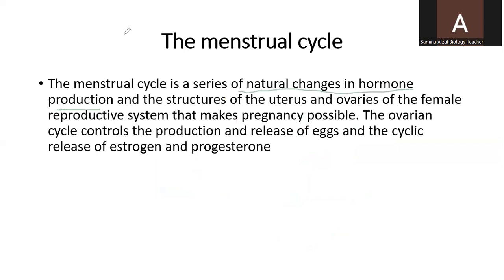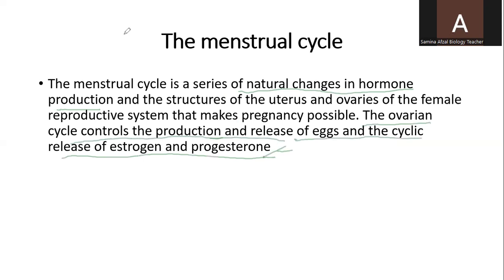Hormonal changes will take place in the female, and the structure of the uterus and ovaries of the reproductive system will change. They are able to receive a fertilized egg and fetus, so there will be these possible changes. The ovarian cycle controls the production and release of eggs, and the cyclic release of estrogen and progesterone.